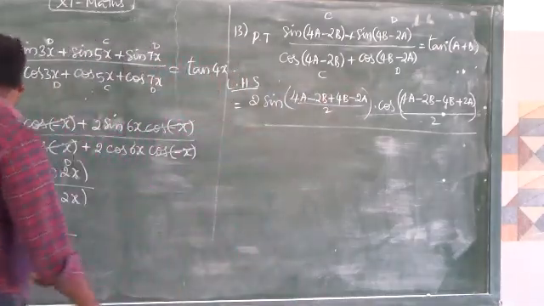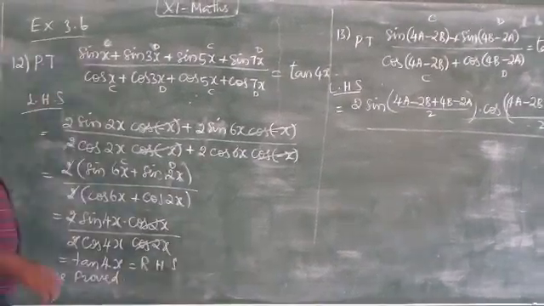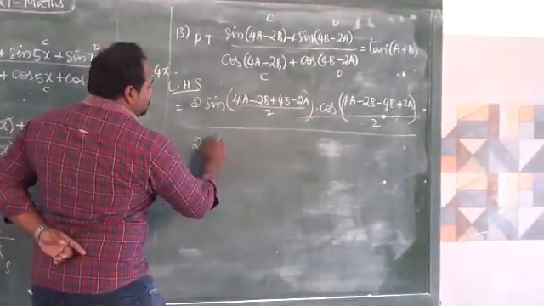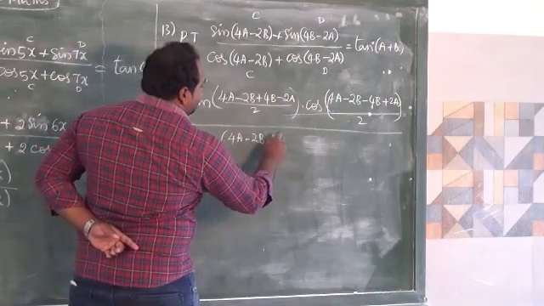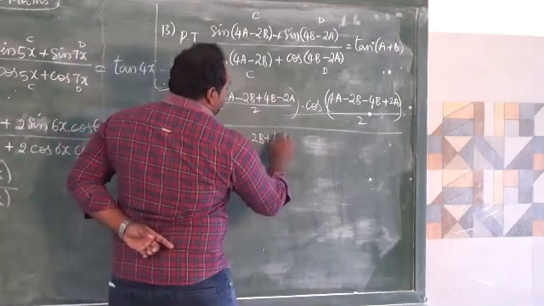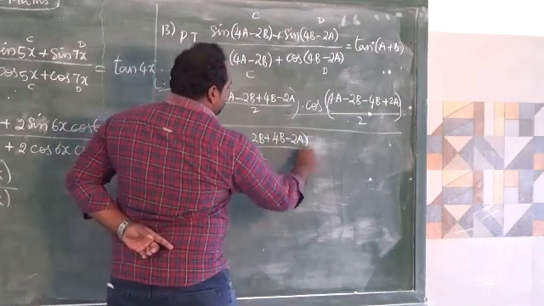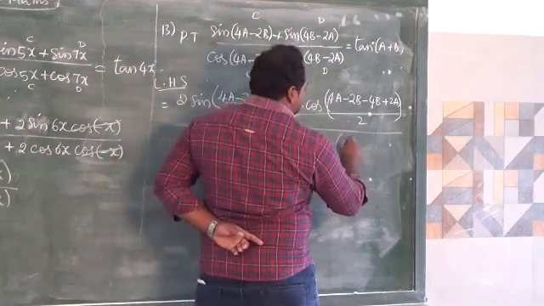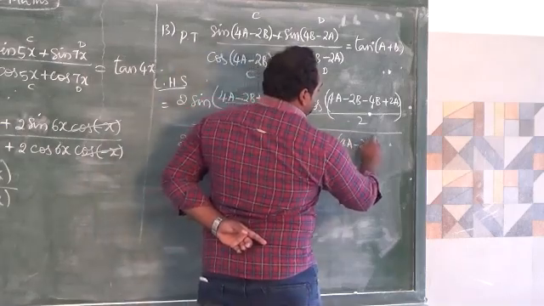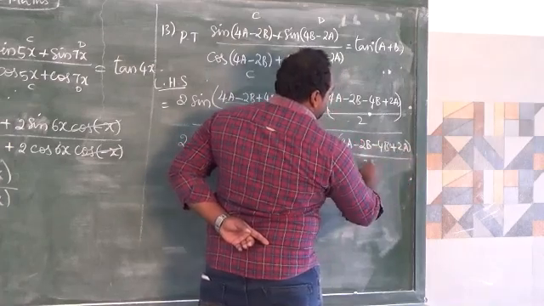The cos C plus cos D formula is 2 cos (C plus D) by 2 cos (C minus D) by 2. So 2 cos (4a minus 2b plus 4b minus 2a) divided by 2, into cos (C minus D), (4a minus 2b minus 4b plus 2a) by 2.